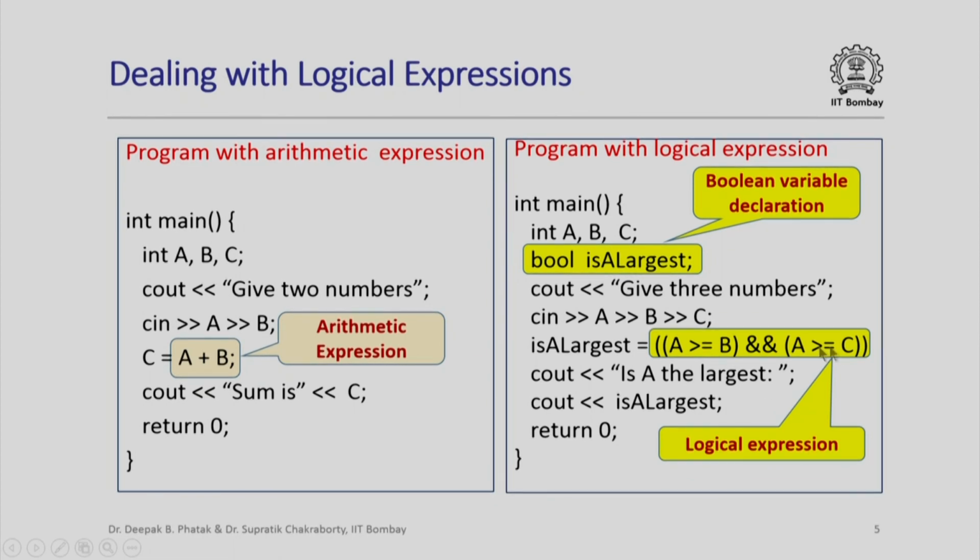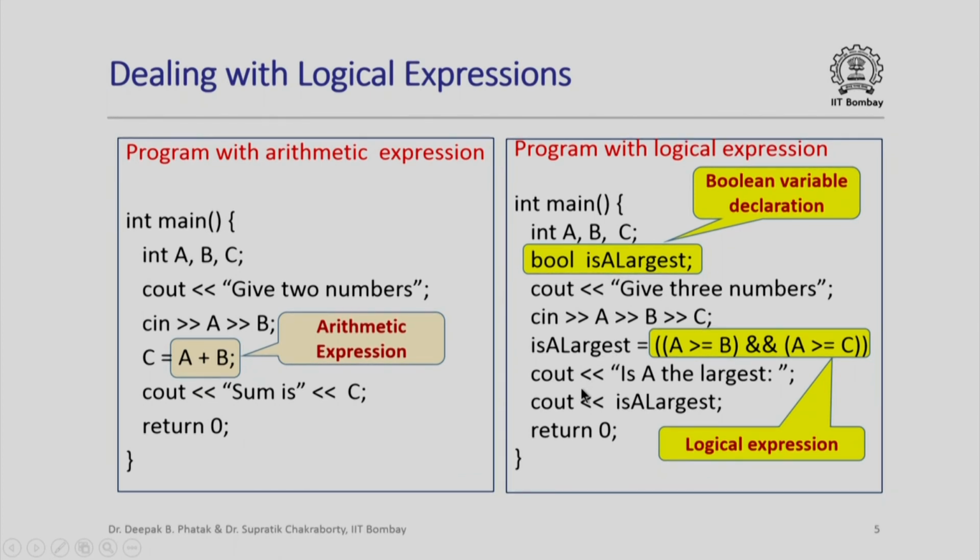We will look at the details of this in a few minutes in this lecture, but for the time being let us identify this as the counterpart of an arithmetic expression that we had in our earlier program. This is a logical expression, it will evaluate to a boolean value true or false, and that will be assigned to this boolean variable is a largest.